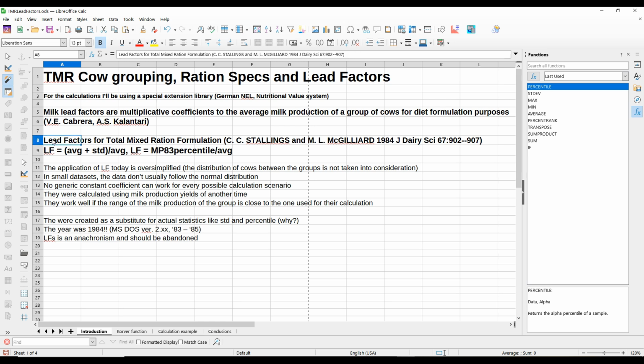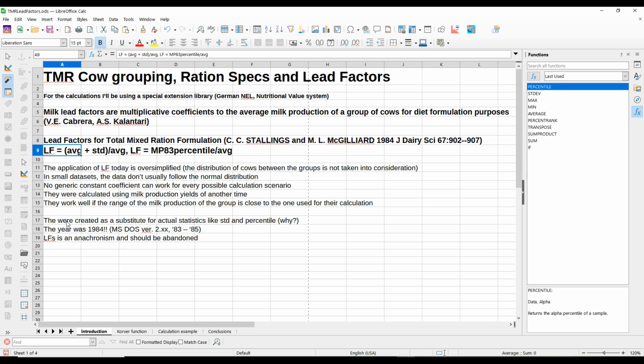Well, this is the original publication, Lead Factors for Total Mixed Ration Formulation by Stallings and McGilliard, back in 1984, published in the Journal of Dairy Science. And this is the formula of their calculation.